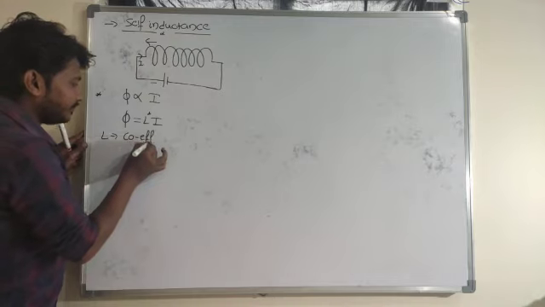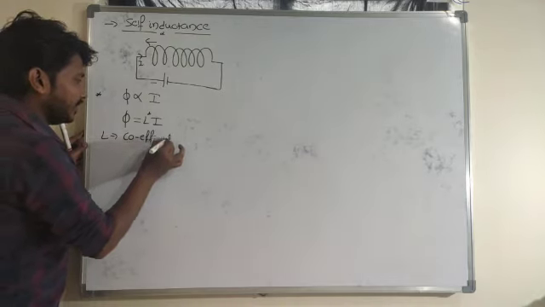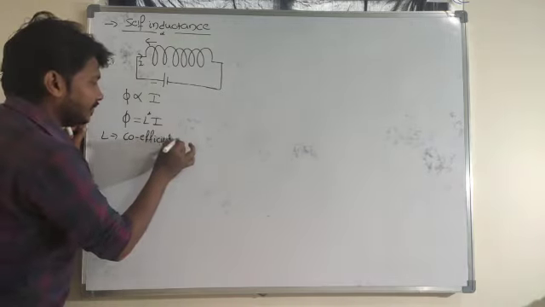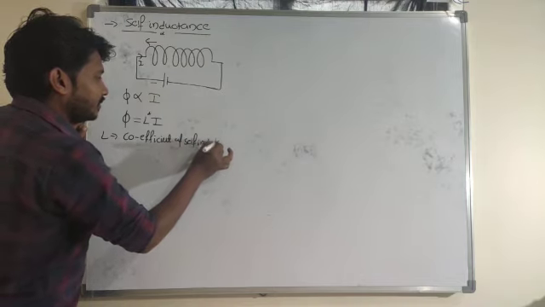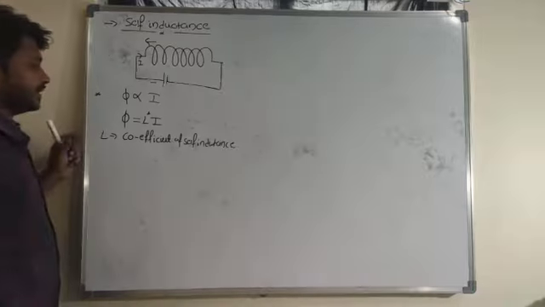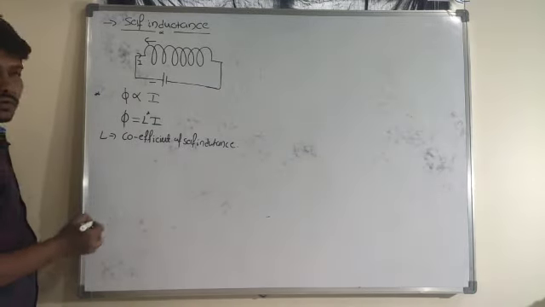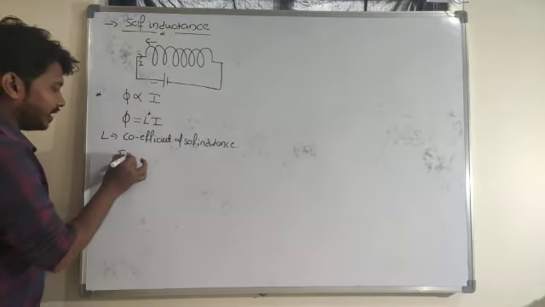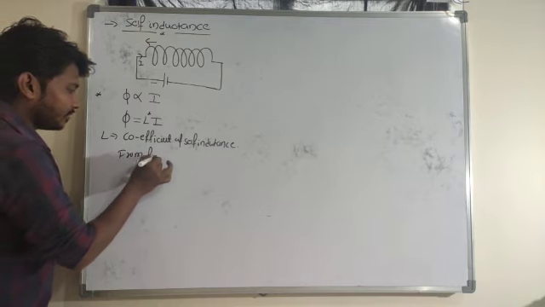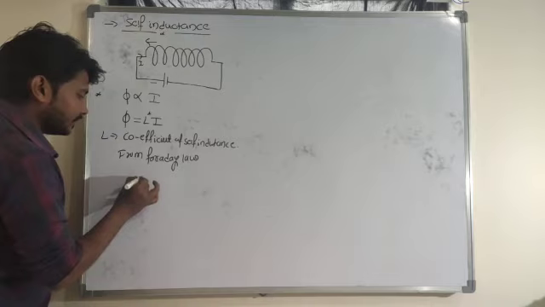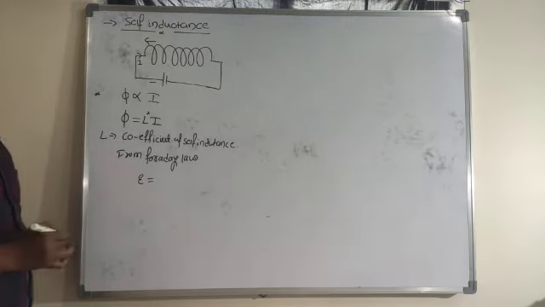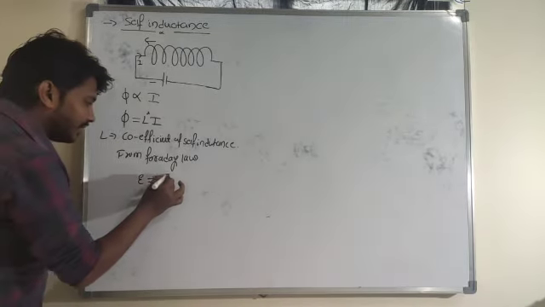So L I can call the coefficient of self inductance. So phi is equal to L into I. From Faraday's law, E is equal to minus d phi by dt.